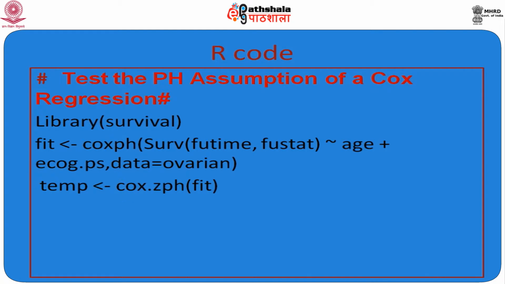Now this whole fit we put into another object called temp, using the function cox.zph: cox.zph of fit is put into temp, and we call temp and also plot the temp value.